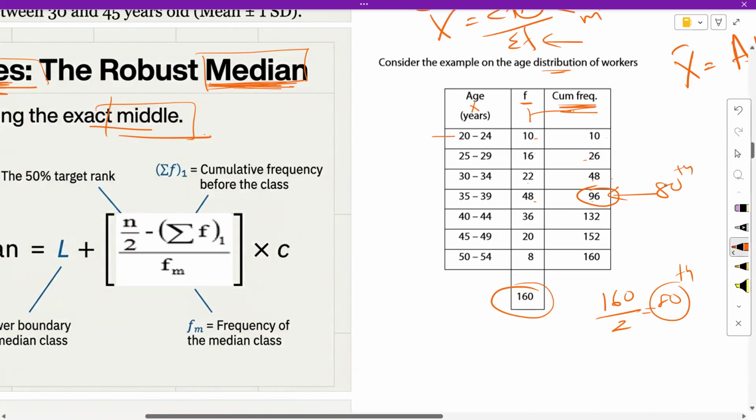The 80th observation falls in this group, so this is the median class.